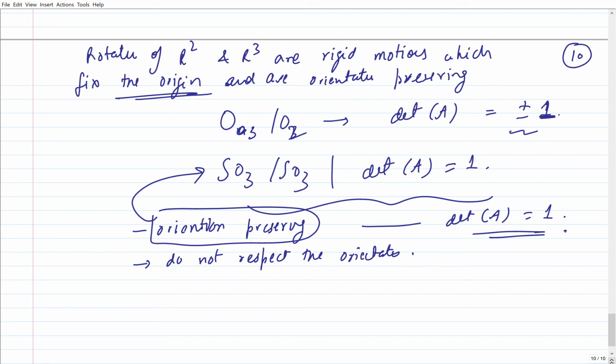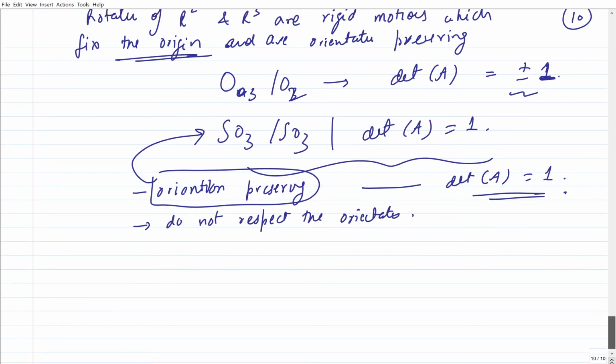One more reason for having the determinant be plus 1 is: what happens when the angle is 0? Rotation with 0 angle is just the identity matrix, right?